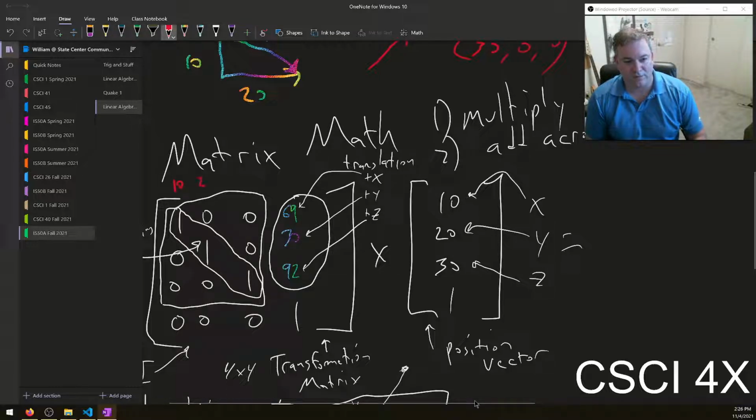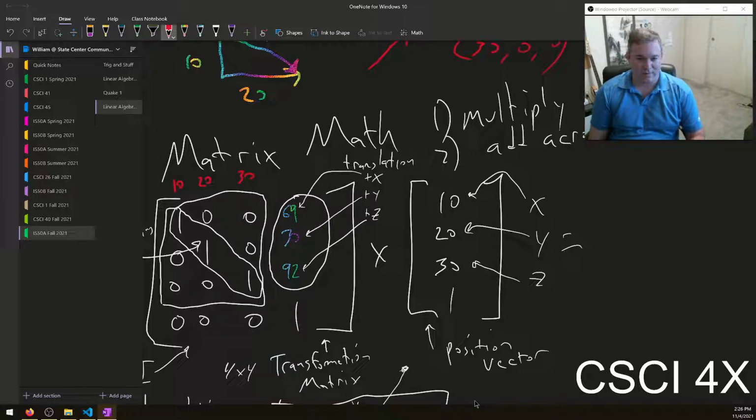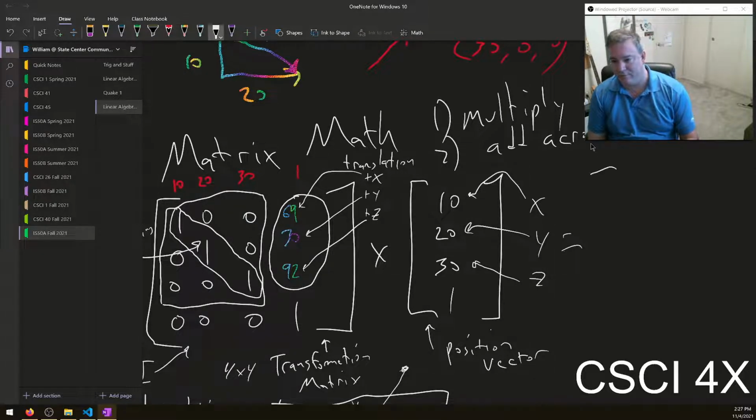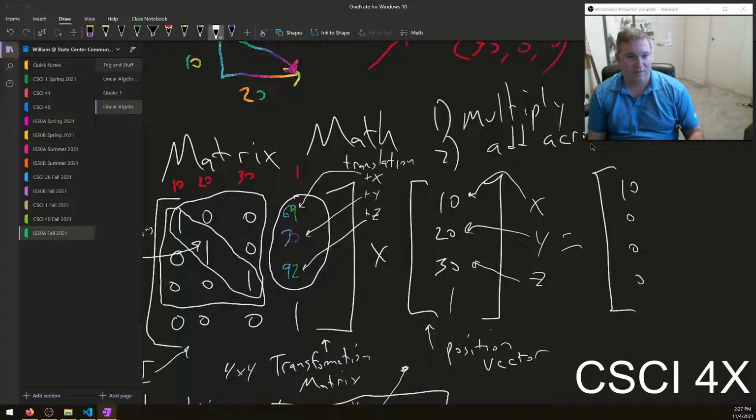Hypothetically, we're not moving these, but you just write them up there to help you with the calculations. And then you're going to do a vector times scalar multiply. Right, so this 1, 0, 0, 0 turns into 10, 0, 0, 0. Does that make sense? So in the output matrix, you're going to get 10, 0, 0, 0. You guys see that? So 10 times this column.